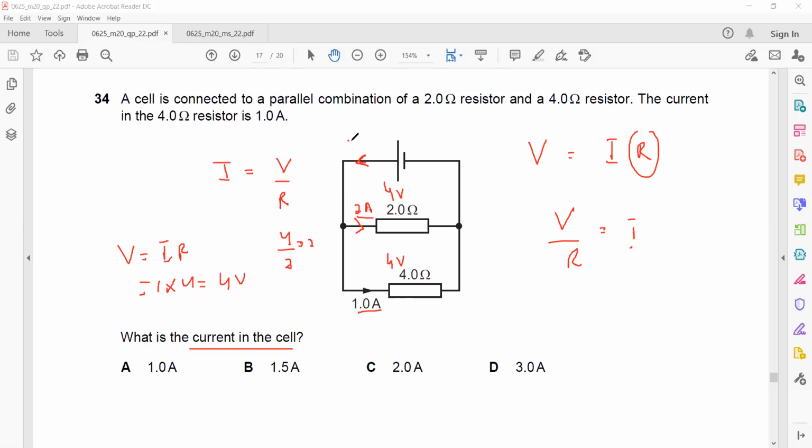So the total current will be 3 ampere because 3 ampere is passing. That's why D is the right answer.